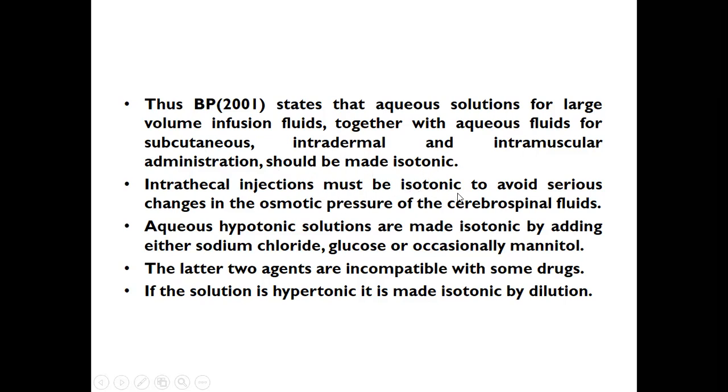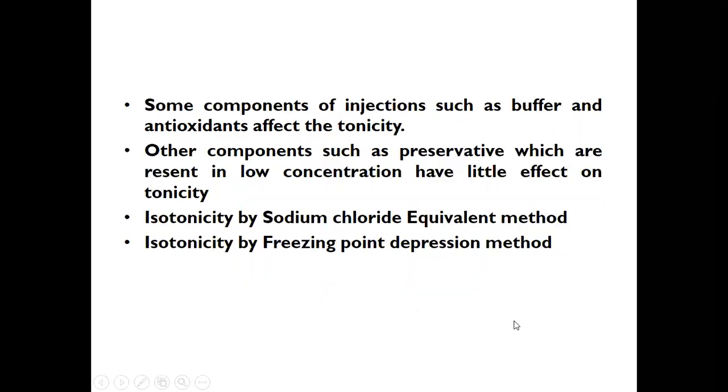Intrathecal injections must be isotonic to avoid serious changes in the osmotic pressure of the cerebrospinal fluid. Aqueous hypotonic solutions are made isotonic by addition of sodium chloride, glucose, or sometimes mannitol. Glucose and mannitol are incompatible with some drugs, and if the solution is hypertonic, it is made isotonic by dilution.